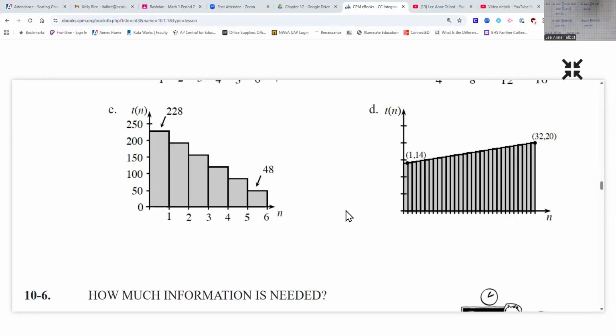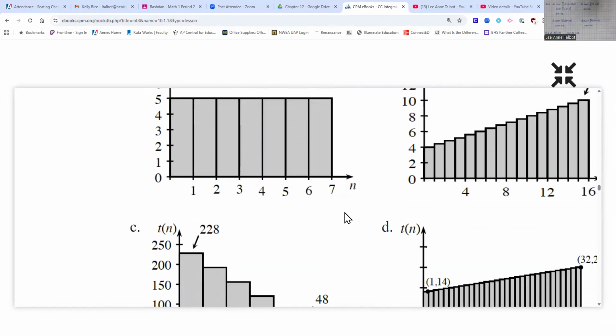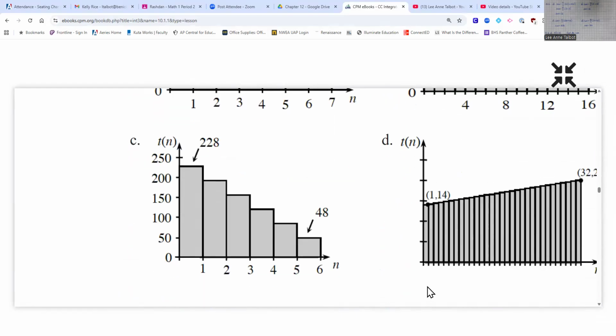It's 32. Yeah, there's 32 bars there. That's a 36. Yeah.